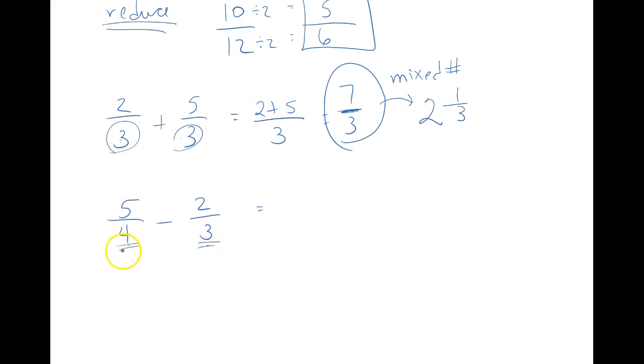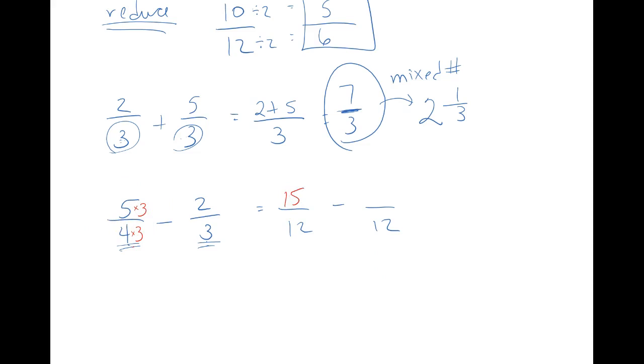So I noticed that both of these go into the number 12. So I'm going to change both of the denominators to a 12. Now, what I've done to this number is I have multiplied it by 3 to make that happen, right? Well, whatever you do to the bottom, you have to do to the top to be fair. So my new numerator will be a 15 right here.